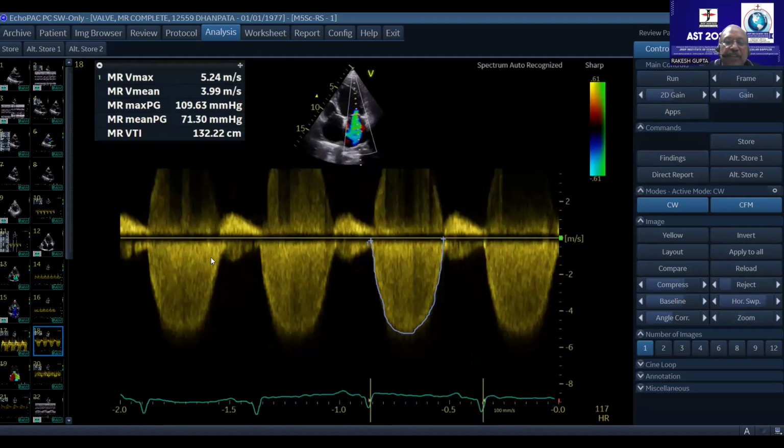So now the regurgitant VTI is 71.3. So divide this 11.65 by 71. Not 71, sorry, 132. I'm sorry, 132. So what will be the value now?